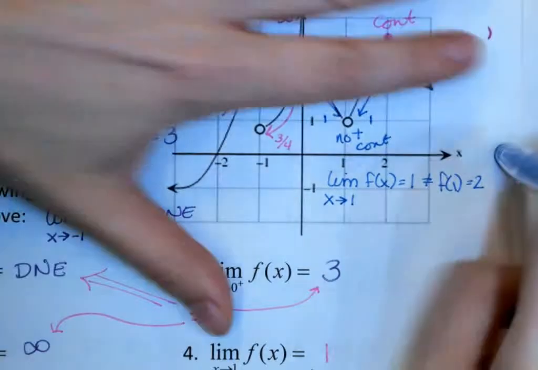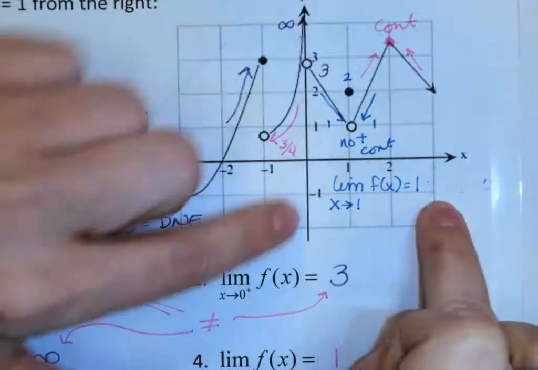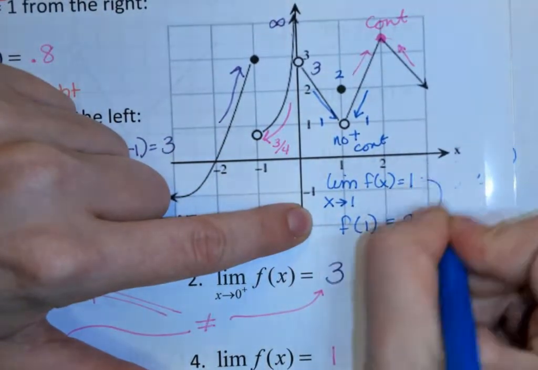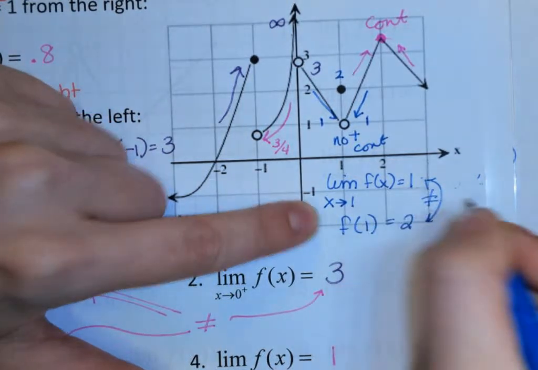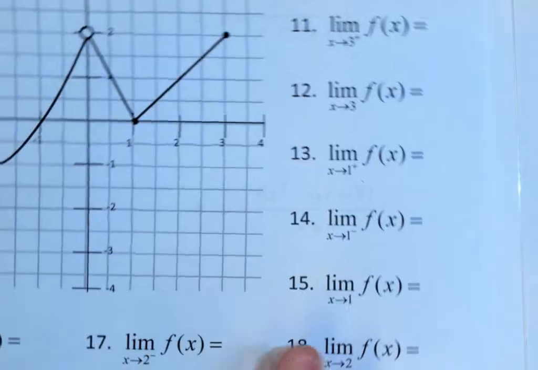Or you could say the limit as we go to 1 is 1, the function at 1 is 2, those are not equal. So it's not continuous. Does that make sense? Okay, let's put it all together.